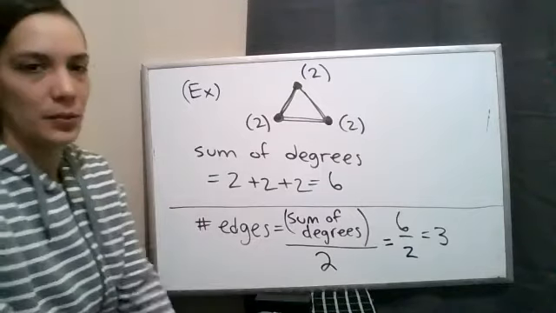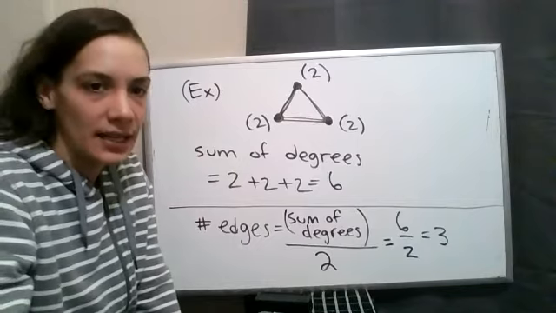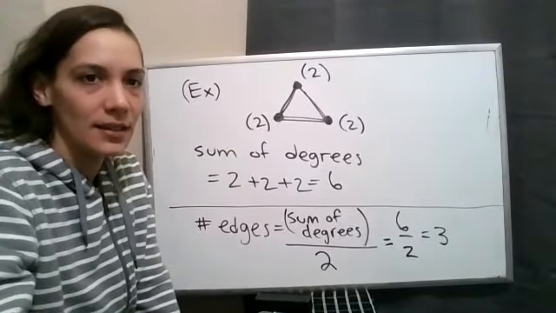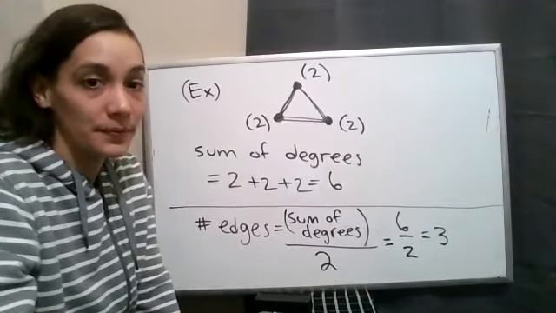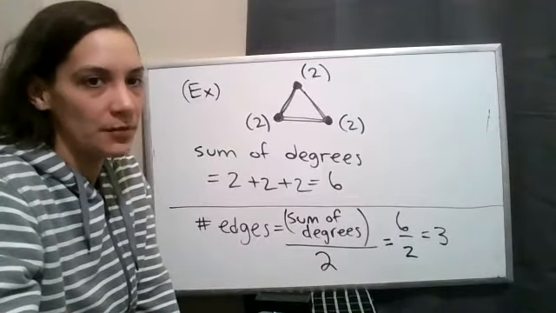Okay, we're going to move on to those word problems I mentioned. The first one has 2 teams of 5 people.